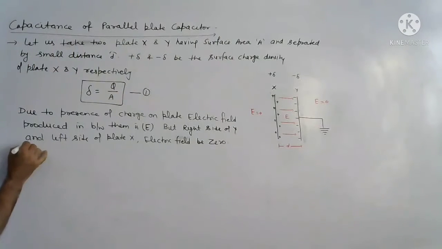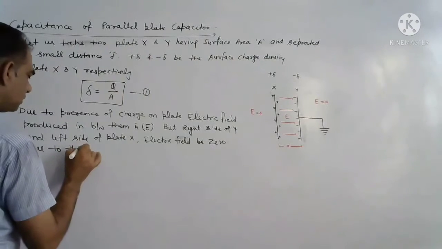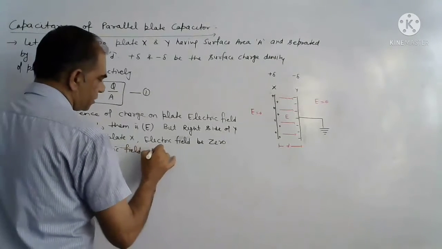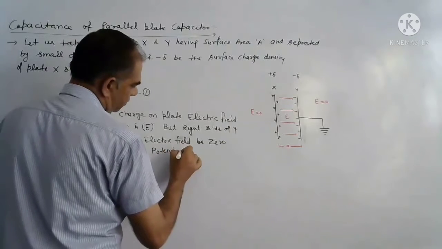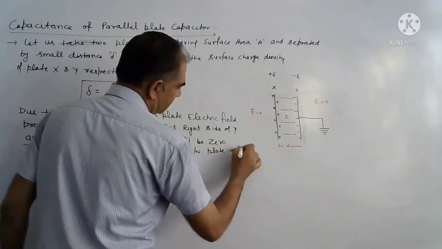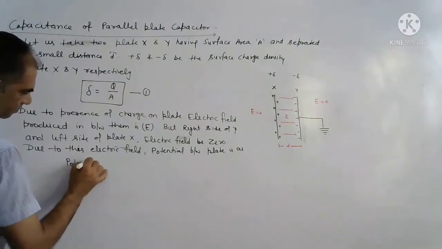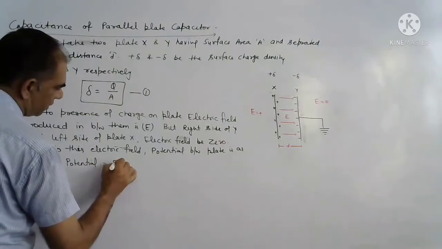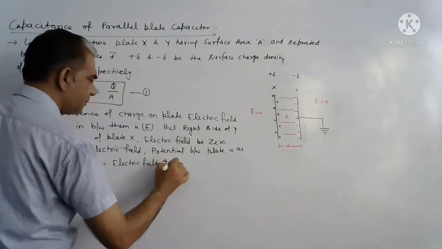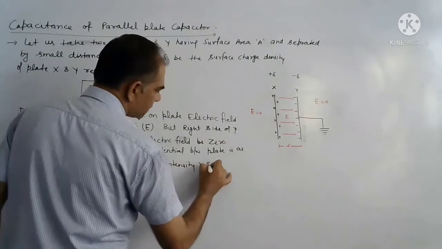So due to this electric field, the potential between the plates is, as we know very well, potential equal to electric field intensity into separation.